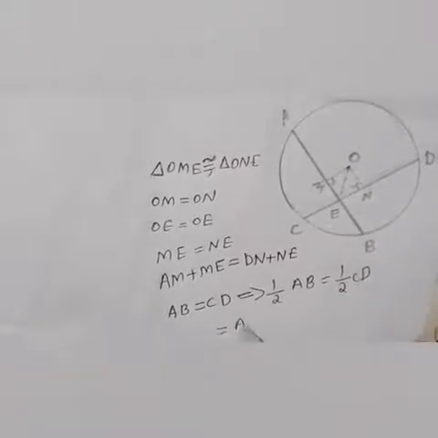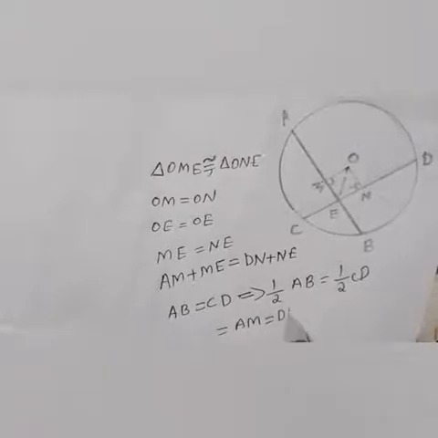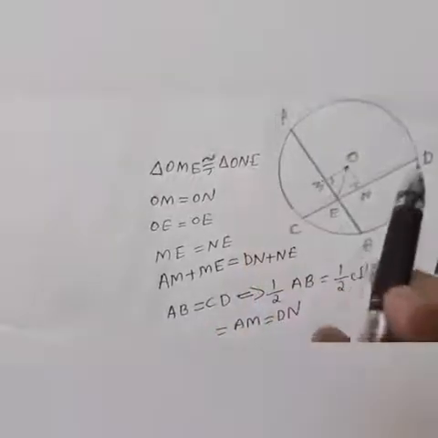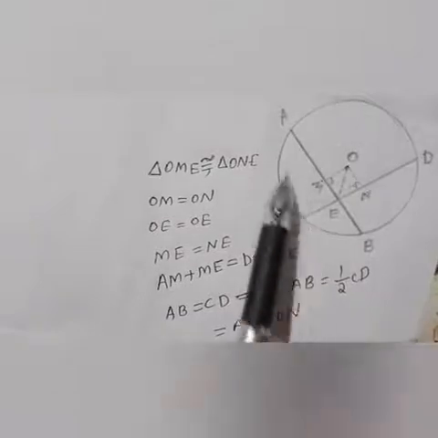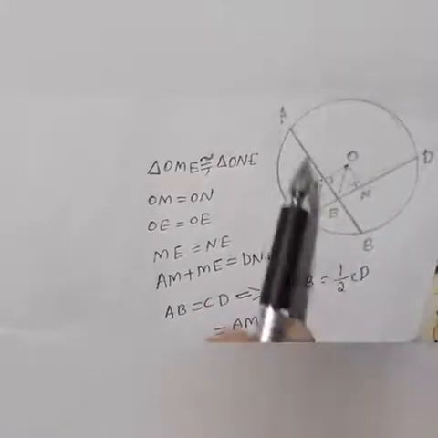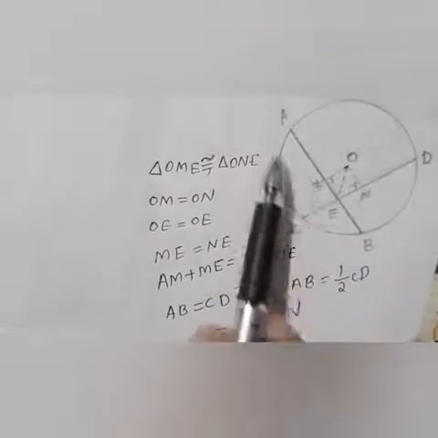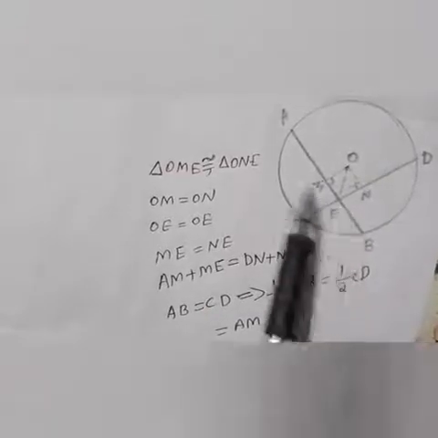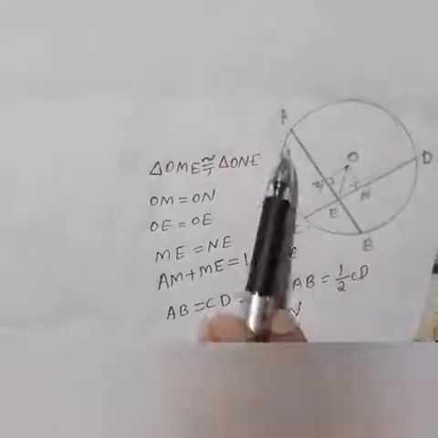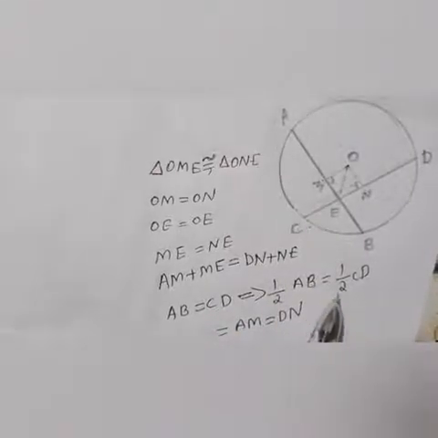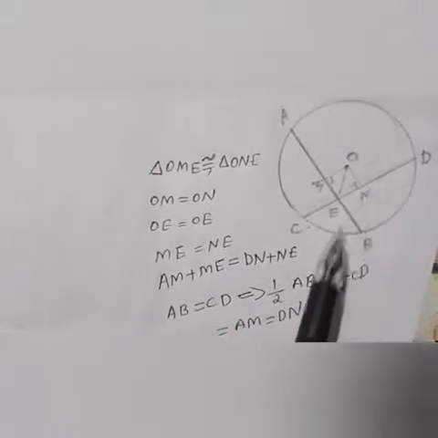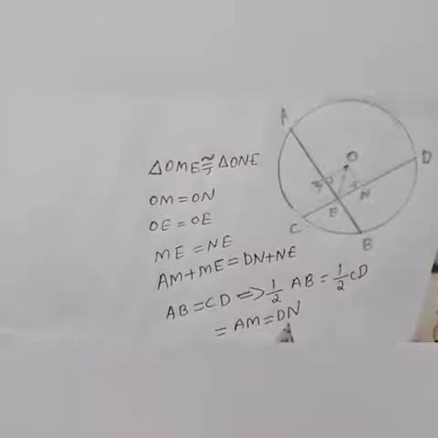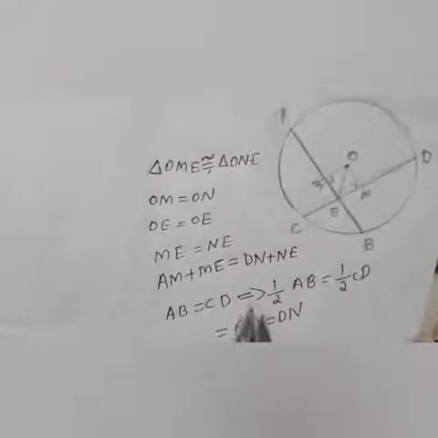Half AB means AM and half CD means DN. That's why AM and DN are equal.